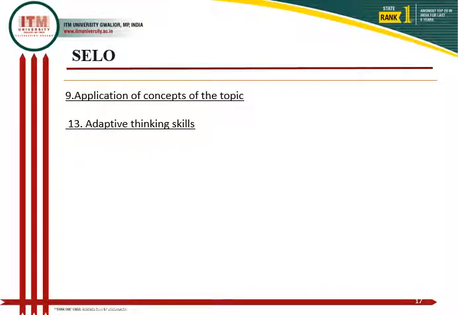This is the student effective learning outcome, SELO. As we have discussed the topic, what is the student effective learning outcome? The application of the concepts of the topic which we have discussed about the hydrocarbons in petroleum or crude oil. The main learning outcome is application, where they are required for the crude oil.